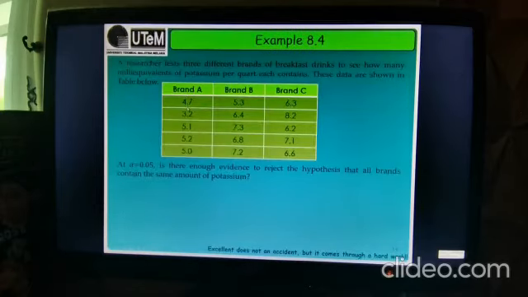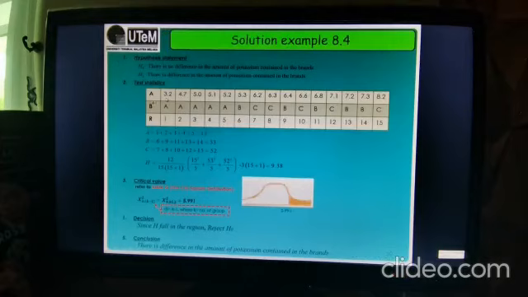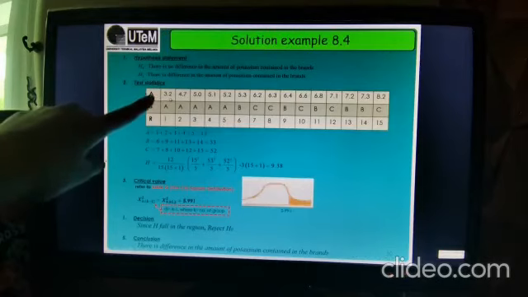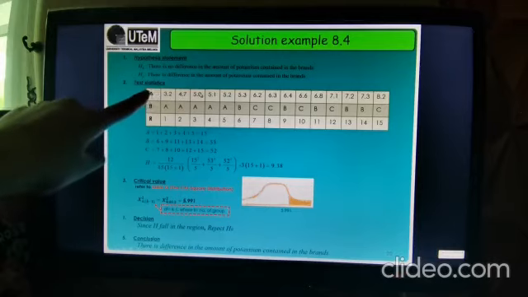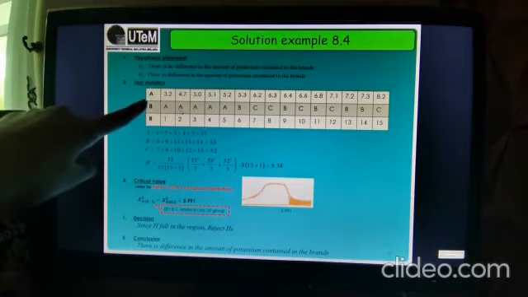Then referring to this data, you have to arrange the data into ascending order, from the lowest value, 3.2, which comes from brand A, followed by 4.7 from brand A, up to the maximum value, 8.2, which is from brand C. The first column is the rank, from the lowest to the highest, and the second row is the group each value comes from.